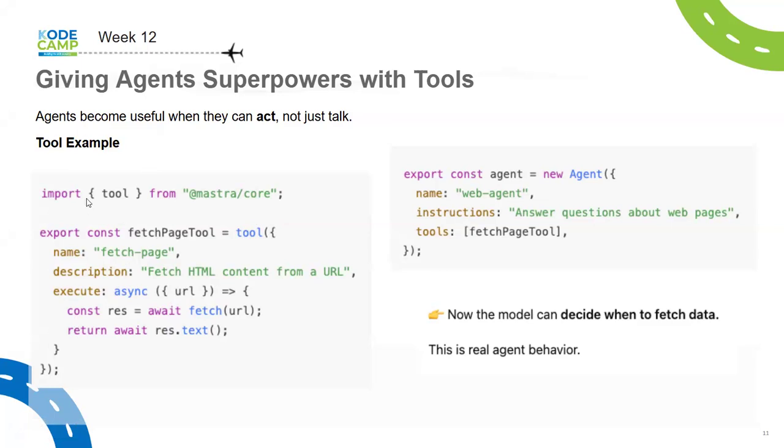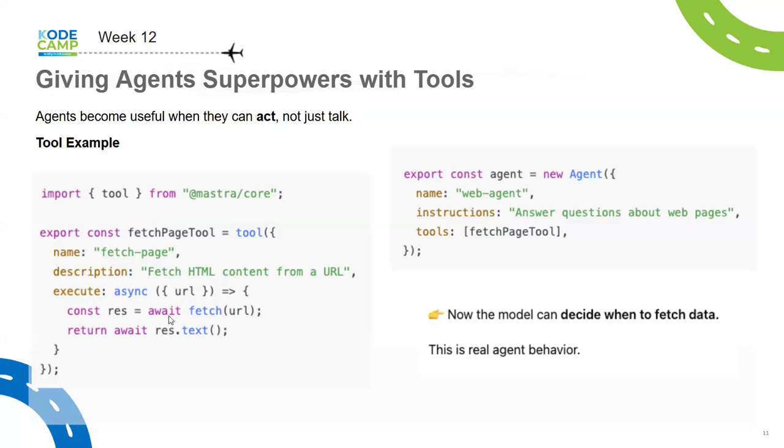Then you pass into this function a definition of that tool. So again, you are going to have an ID as well as a name, and then a description. The name is optional these days, but ID is required. The ID is the one that has this shape, like fetch-page, while the name is more human readable. Then the description.